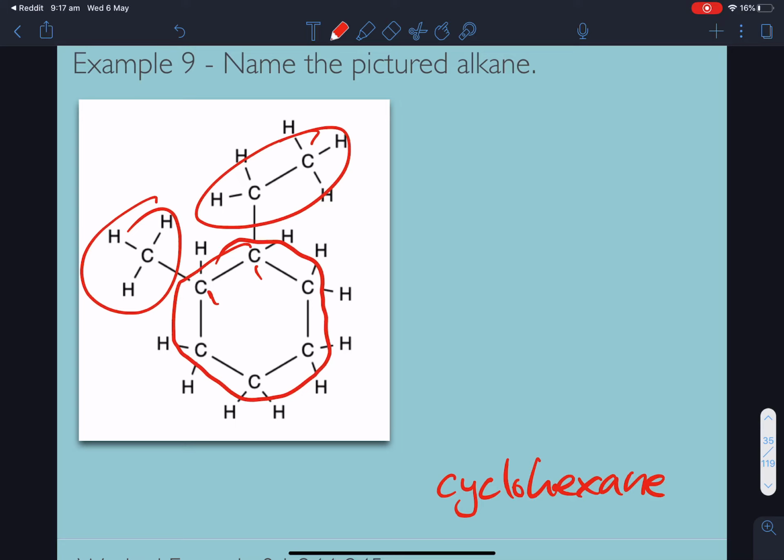But I know I've got an ethyl branch and I know I've got a methyl branch. So ethyl will come first. And I've got a methyl there. And I know I've got a methyl. So we've got some number ethyl, some number methyl, cyclohexane. So it doesn't really matter so much if I put the 1 on the methyl or the 1 on the ethyl.